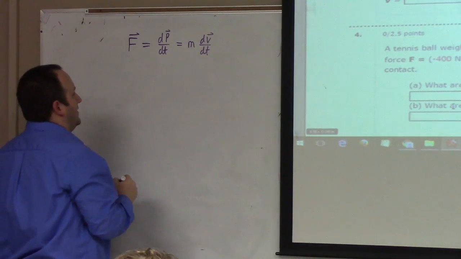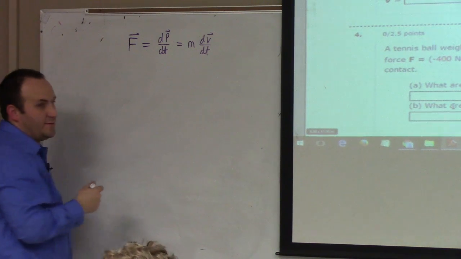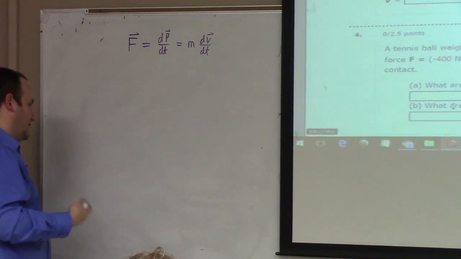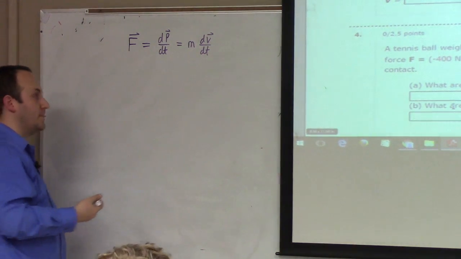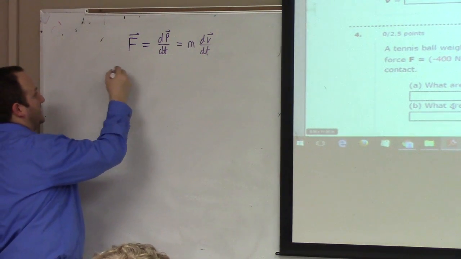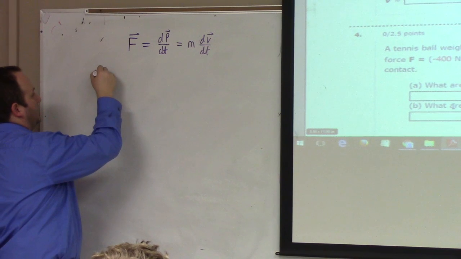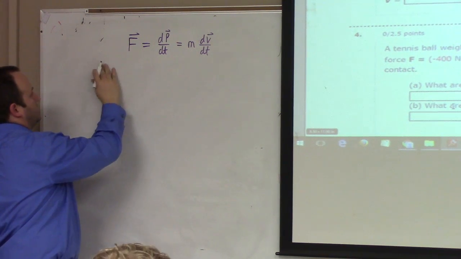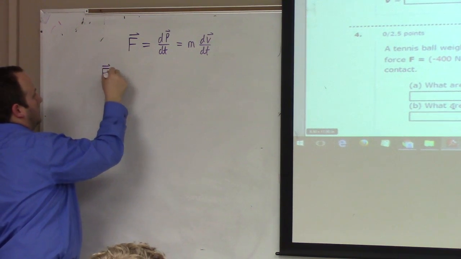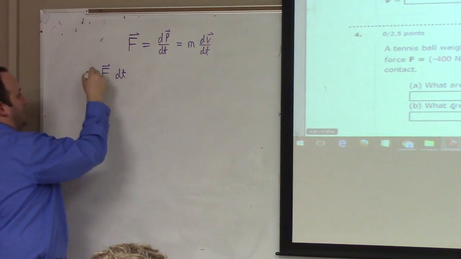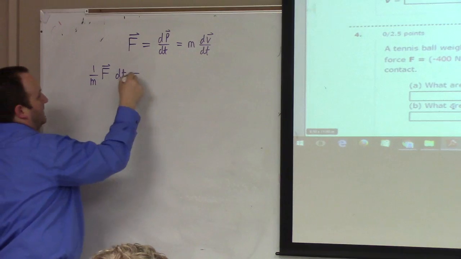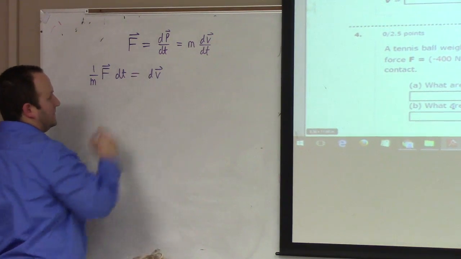I don't really think this is absolutely a Chapter 9 problem. You could look at it as a Chapter 9 problem, but you could just as well look at it as a Chapter 3 problem. The point here is that we have F dt, and I can divide by m, and that's equal to dv.